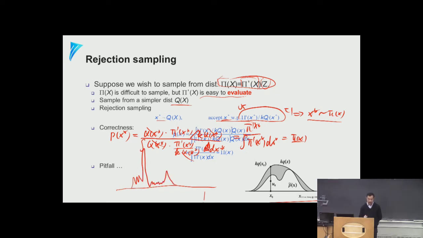It has this little spike here. Therefore, to satisfy the validity of the k, you need to have a proposal and then elevate it to this, so that it has to dominate your true distribution.